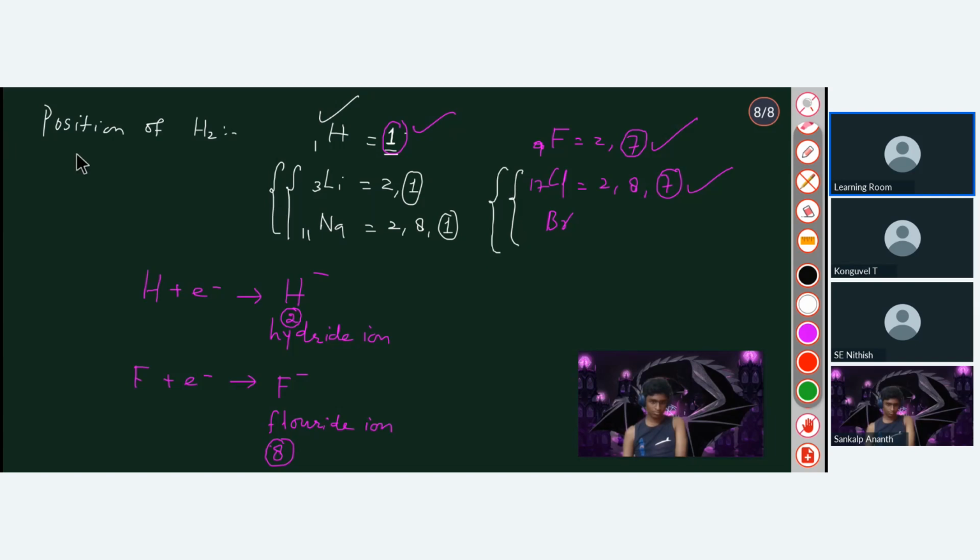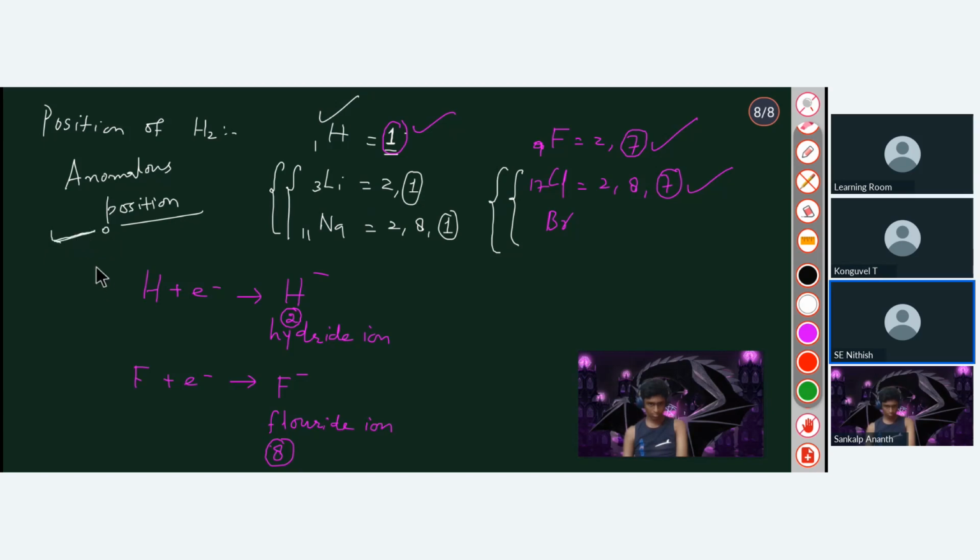So that's why hydrogen has anomalous position in the periodic table. That means neither can we keep it in group 1, nor can we keep it in group 17. So that's why it has a separate position at the top of the periodic table. So that's why we are studying it as a separate chapter, separate unit, that is hydrogen, right?